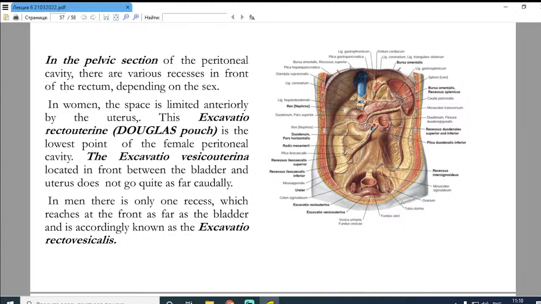Excavatio vesicouterina, excavatio rectouterina. In men, there is only one recess, which reaches at the front as far as the bladder. This is the excavatio rectovesicalis.